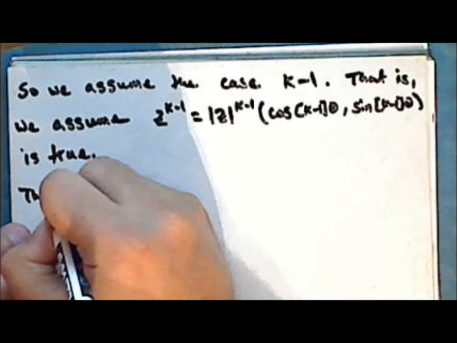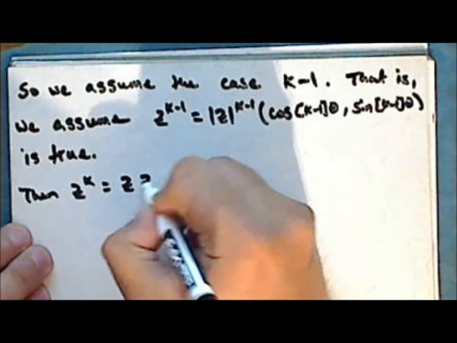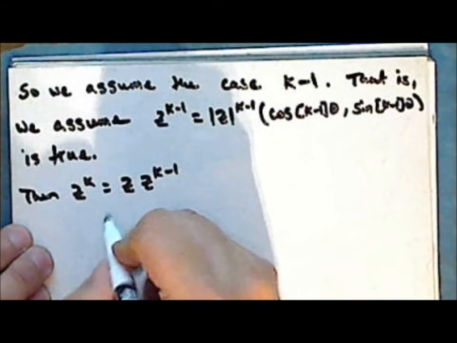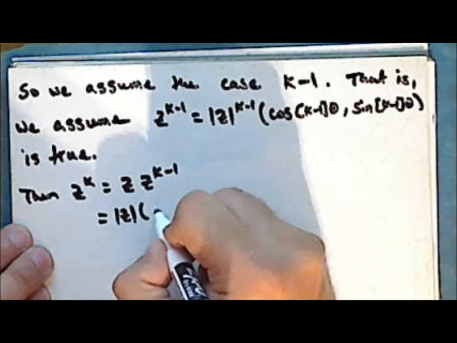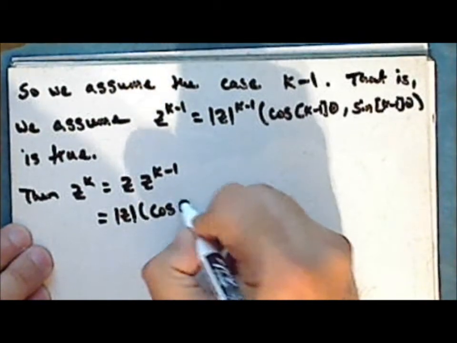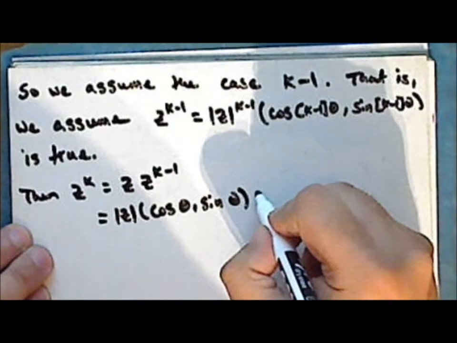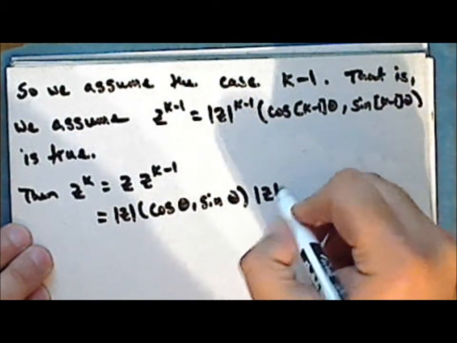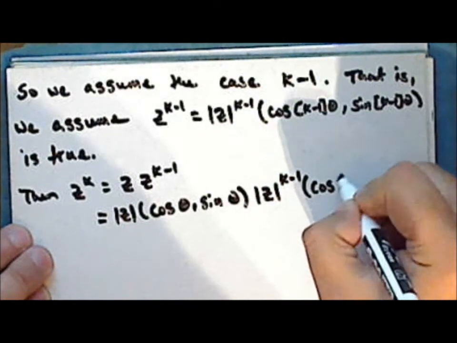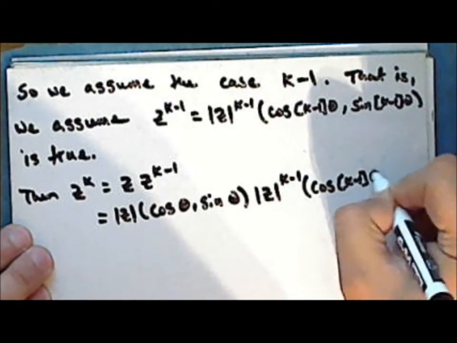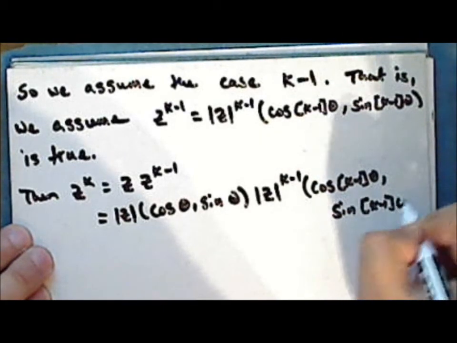Then z to the power of k is z times z to the power of k minus 1, which is the modulus of z times the ordered pair cosine theta, sine theta, times the modulus of z to the power of k minus 1 times the ordered pair cosine of k minus 1 times theta, sine k minus 1 times theta.